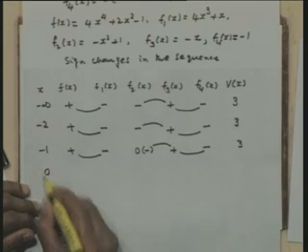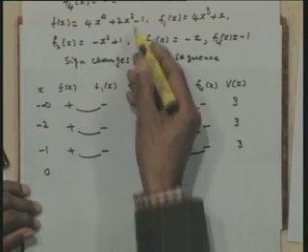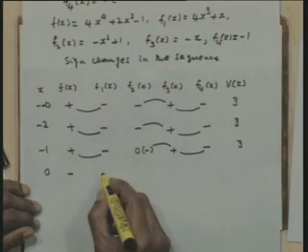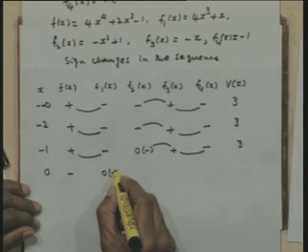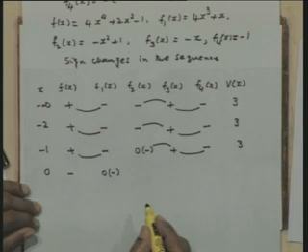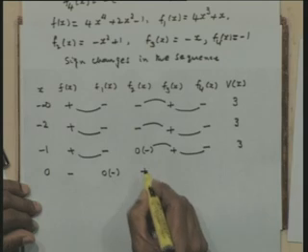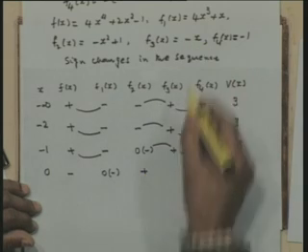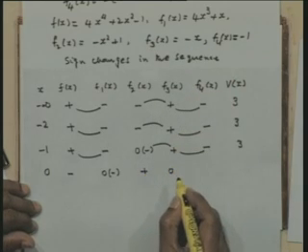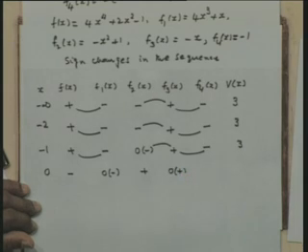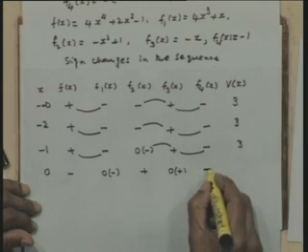So let us take 0. At 0, f4 is negative, f1 is 0. So, I will continue the negative sign of the previous coefficient. At 0 this is positive, at 0 this is 0, therefore, I continue the previous sign. f4 is negative.